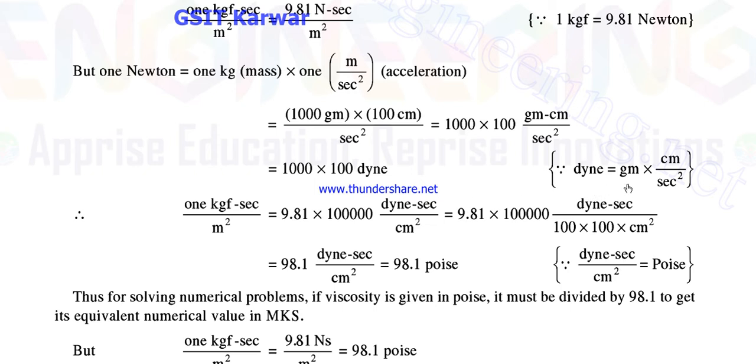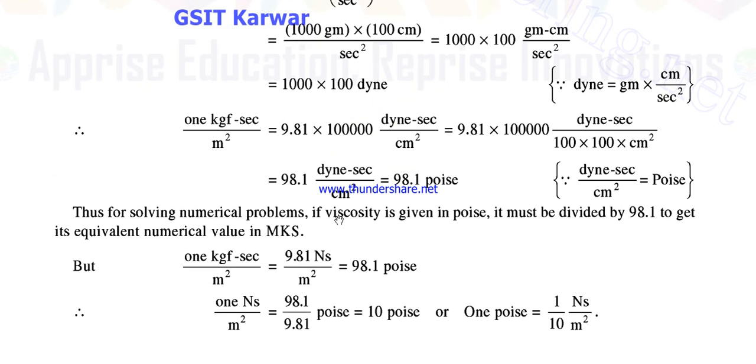Therefore dyne is equal to gram centimeter per second square. After simplifying all these conversions, we finally get 98.1 poise.